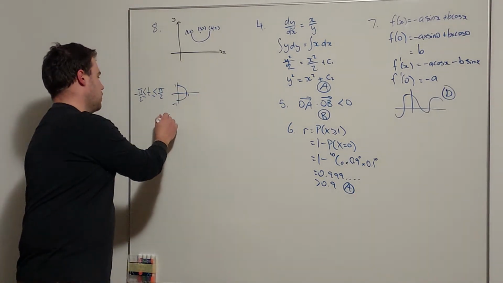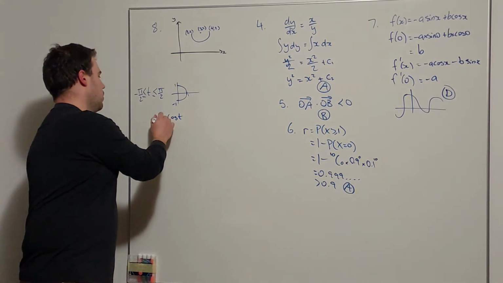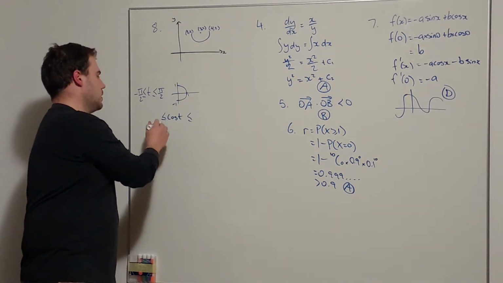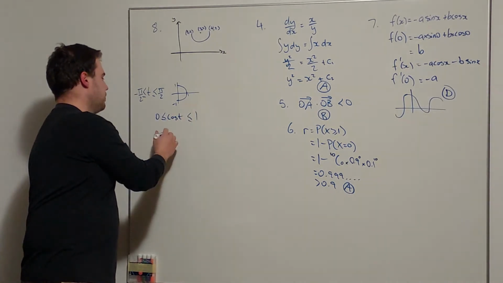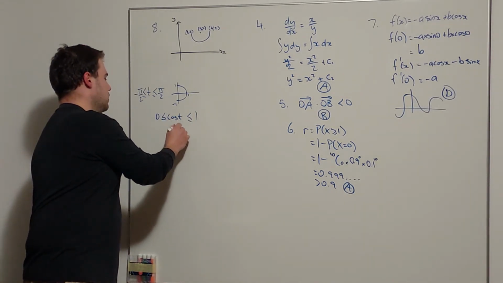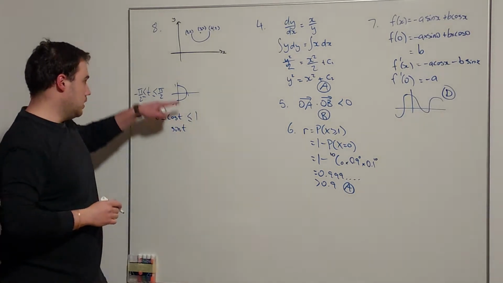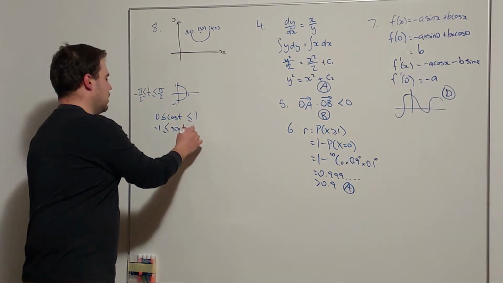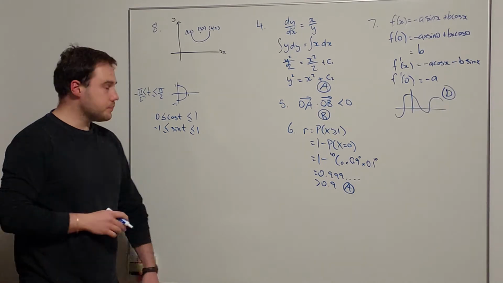then we have that cos of t, the x coordinate, is just going to range between 0 and 1, and similarly sine of t, the y coordinate, is going to range between negative 1 and 1.